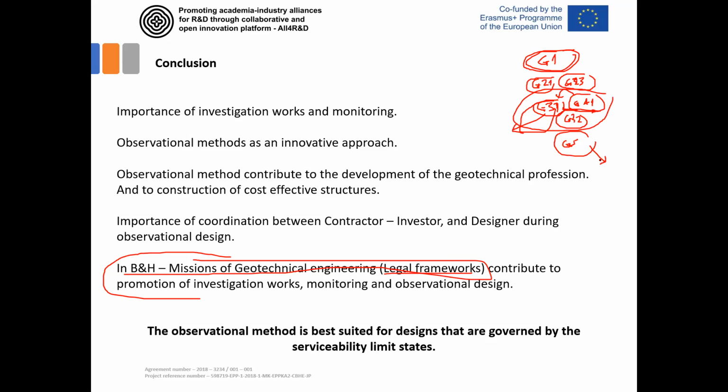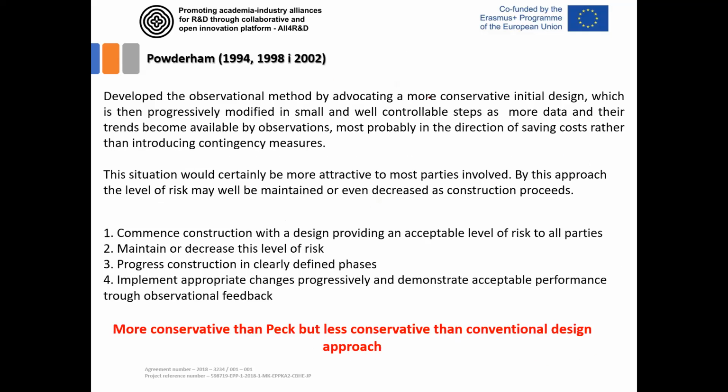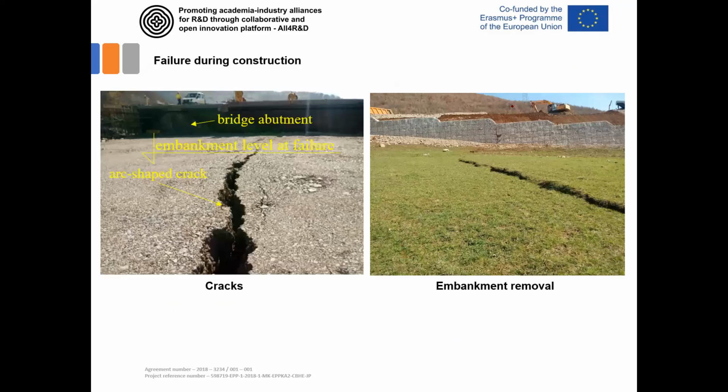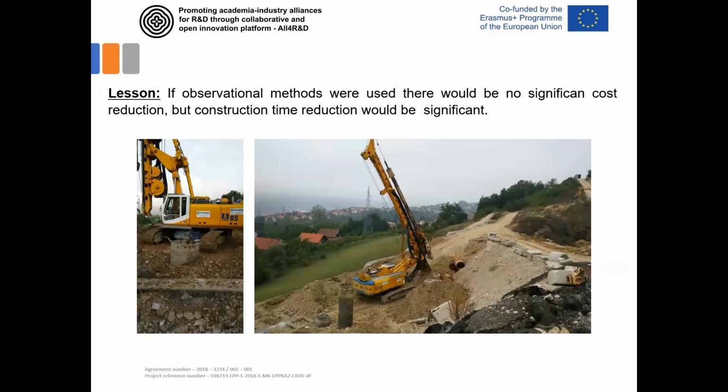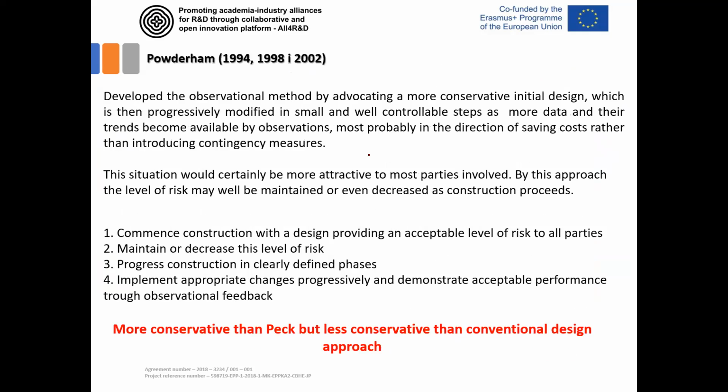That's actually a kind of forensic document that needs to define who is guilty for some problem if the problem occurs after the construction of the highway or some other structure. So if something like this happened, there is a G5 to say why this happened, and actually who will pay for this, who is responsible.